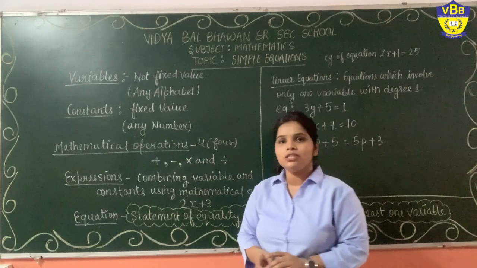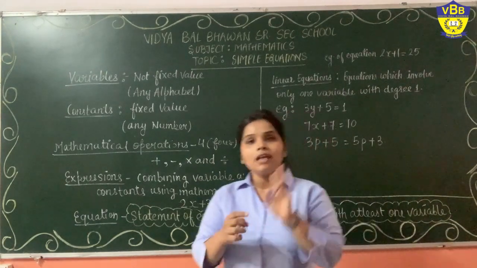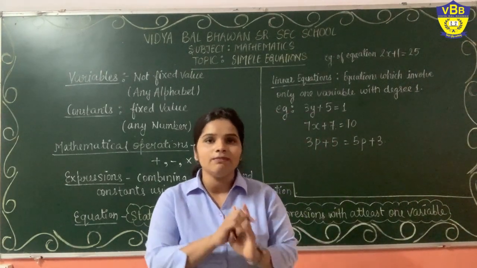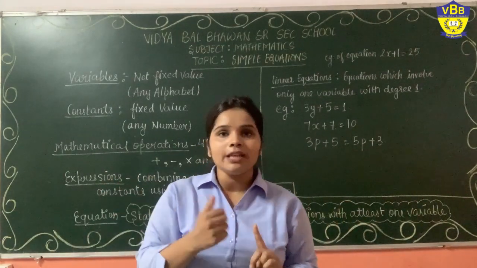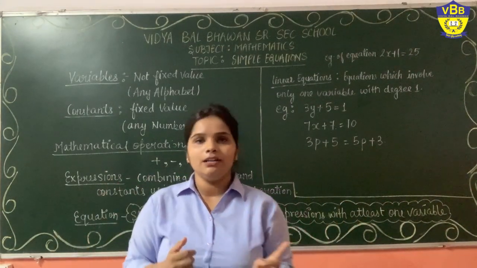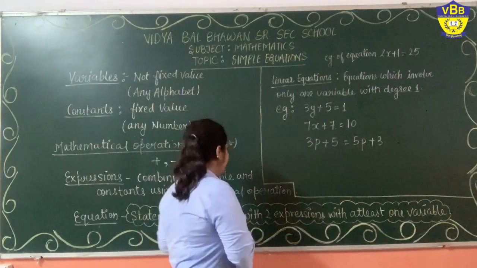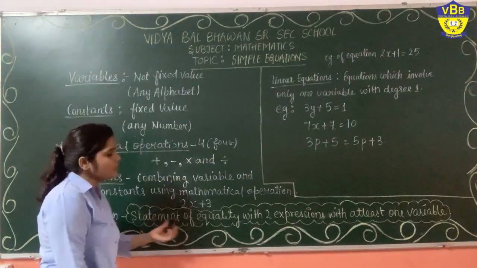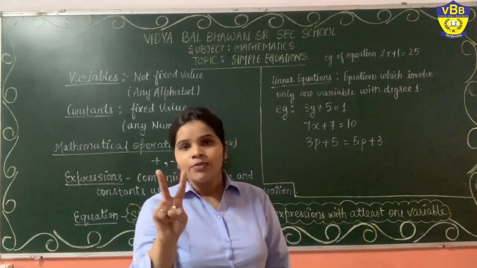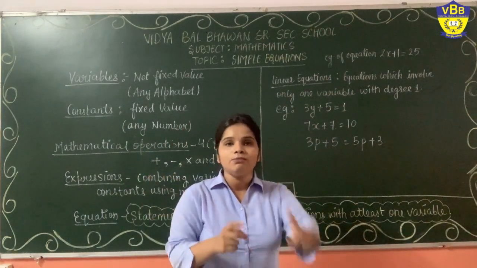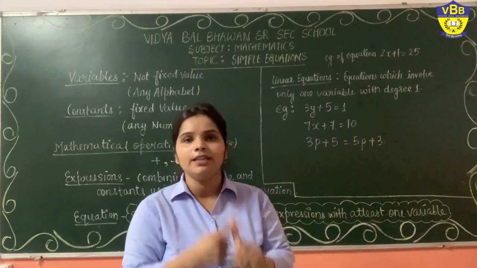The 2 expressions with a sign of equality divide the whole statement into 2 parts, 2 sides, LHS and RHS. The example is written here. Basically, equations are statements of equality with 2 expressions. Out of the 2 expressions, one must contain a variable.